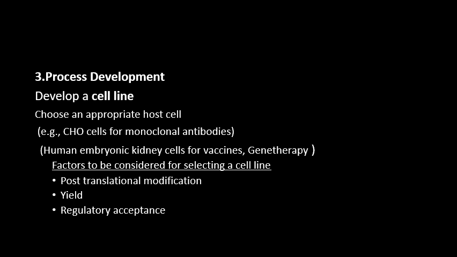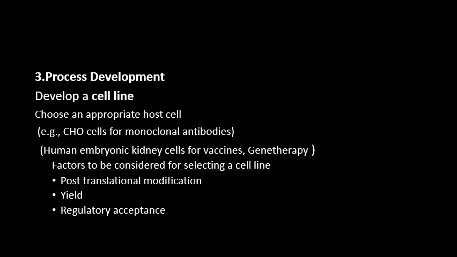So for that, you will have to choose an appropriate host cell. Generally, they choose CHO cells for monoclonal antibodies. Whereas if you want to develop vaccines, there is human embryonic kidney cells. Actually, regulatory authorities also have guidelines. Depending on what type of biosimilar you will develop, they have guidelines on which cell lines you should be using for the development of your biosimilars.